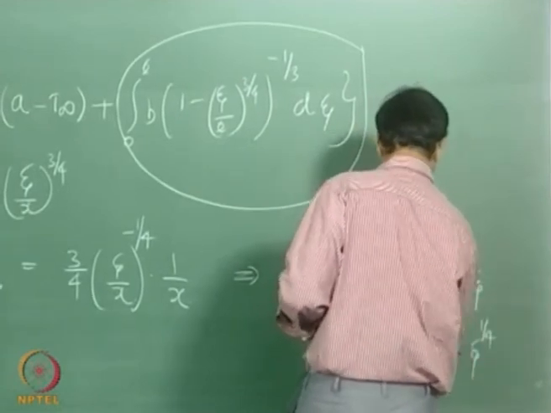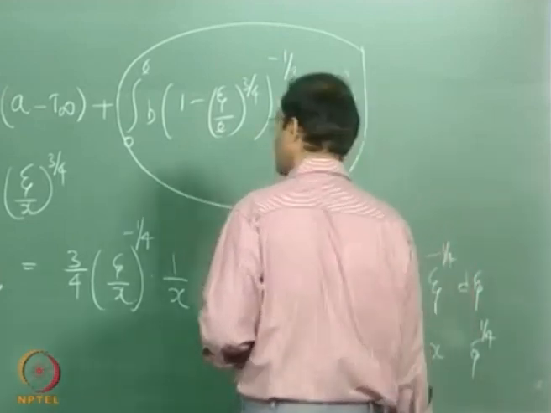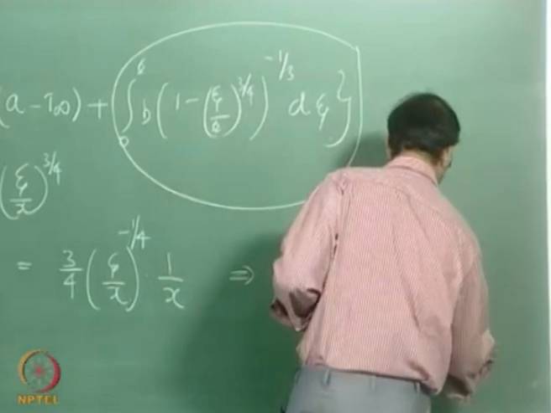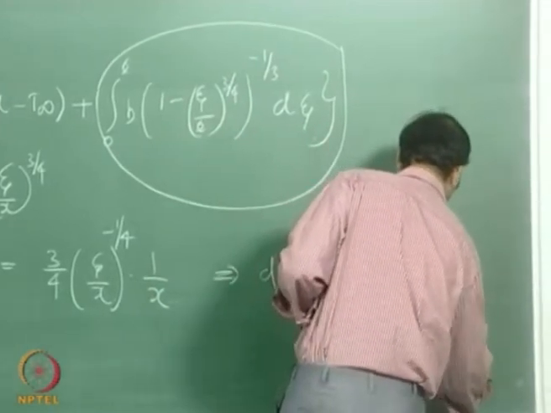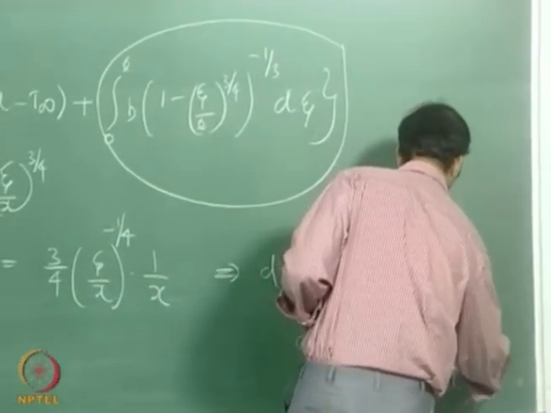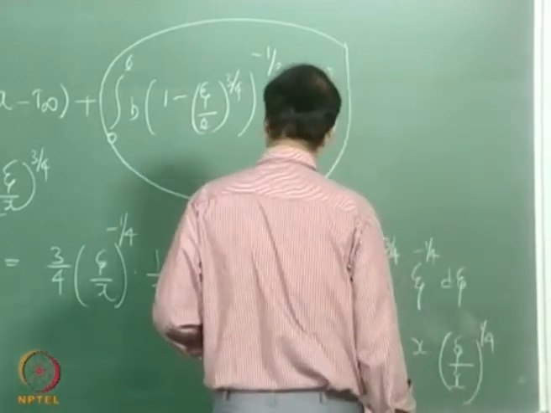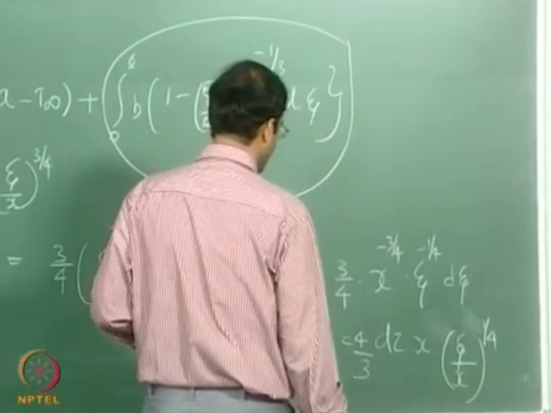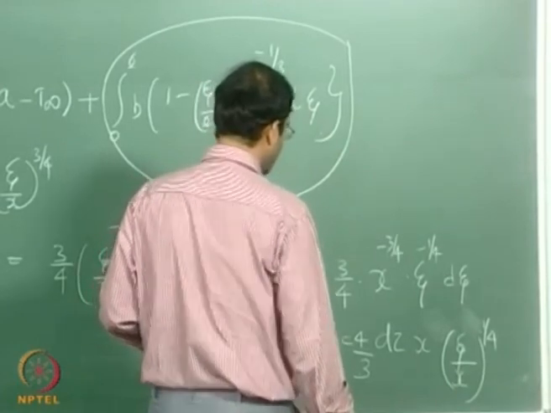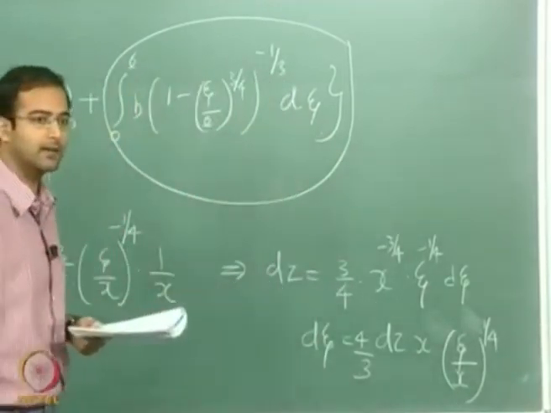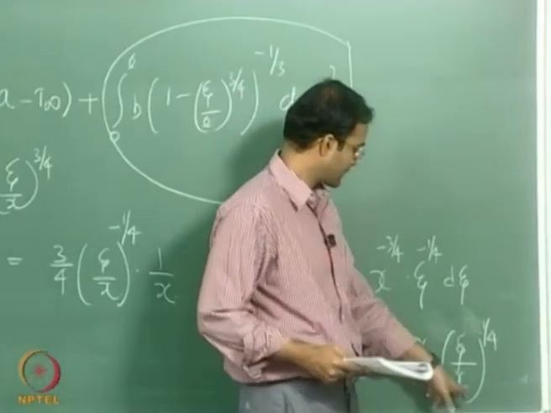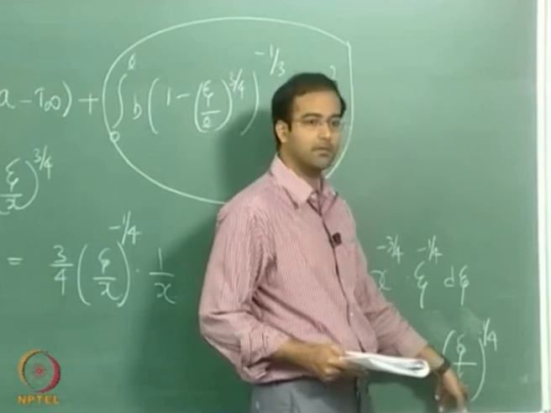I can take 1 by 4 x, so I can write this as zeta by x the whole power 1 by 4, this is 1 minus... yeah, I can write it like that, because this is anyway 3 power 3 by 4, I can write it as x divided by x power 1 by 4.